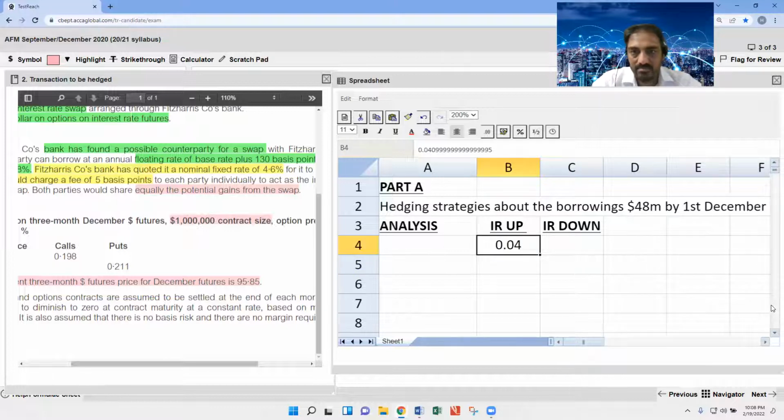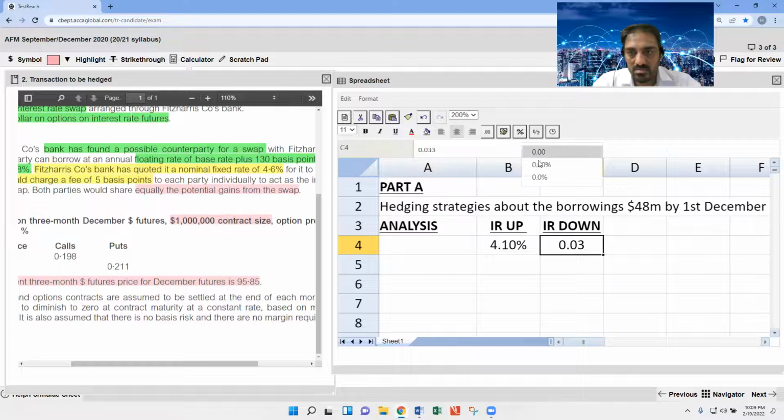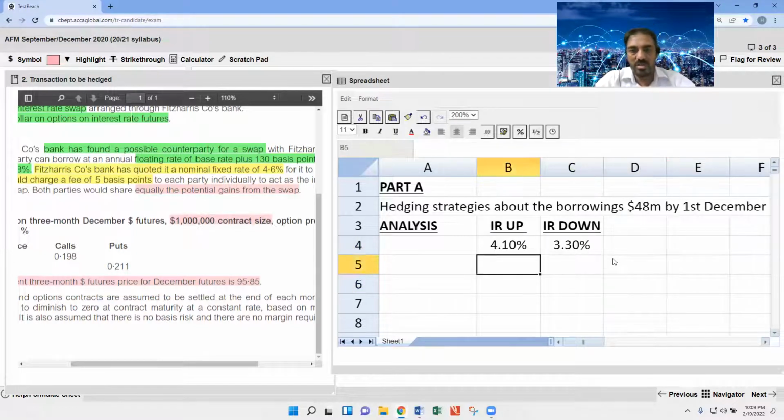It's given, 4.1%. And in that case, 3.3%. Okay, 3.3%. This is what about the analysis we need to make.